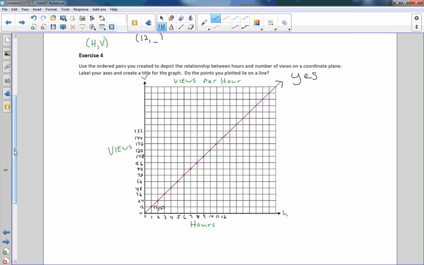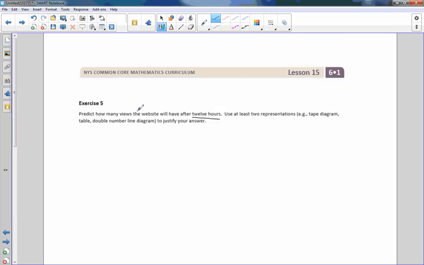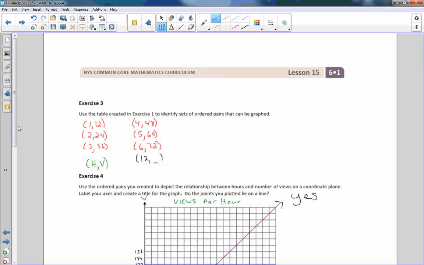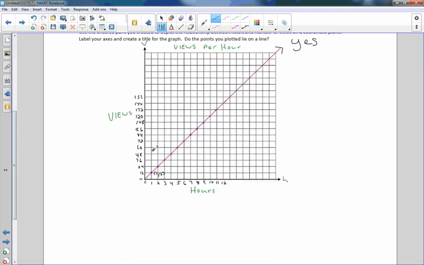Okay, and then now moving on to that last question, it says, predict how many views the website will have after 12 hours. Use at least 2 representations. Well, I can use the graph that I just had here, and if I look at, let's use yellow. If I start at 12, if I go over to 12, what I want to do is go straight up and find that value on my number line. It is right there. Let me use black.